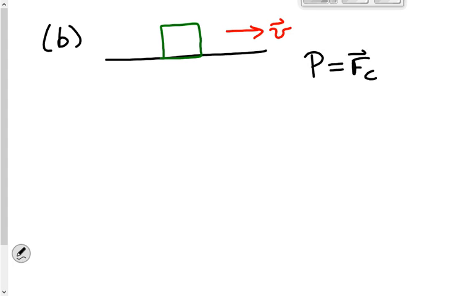It's still a constant velocity, so I can still do Fc dot v. And again, if I'm looking for Fc, which is a force, I'm going to want to make a what? Free body diagram. Zoe, did you have a question?